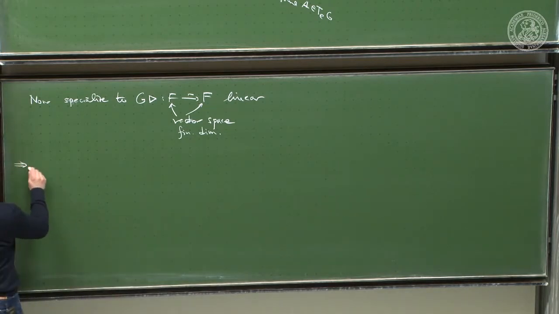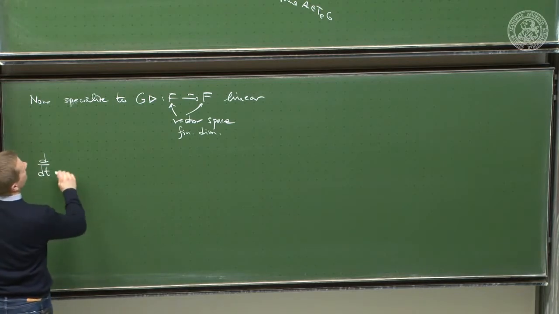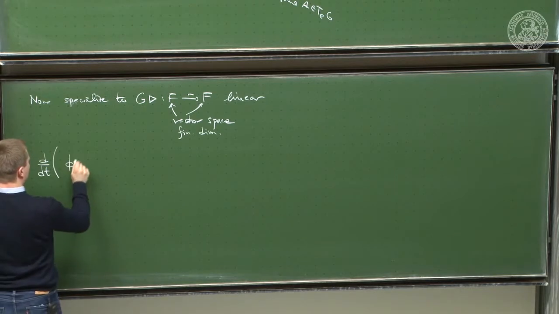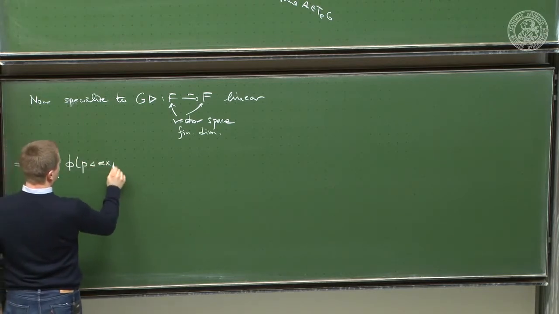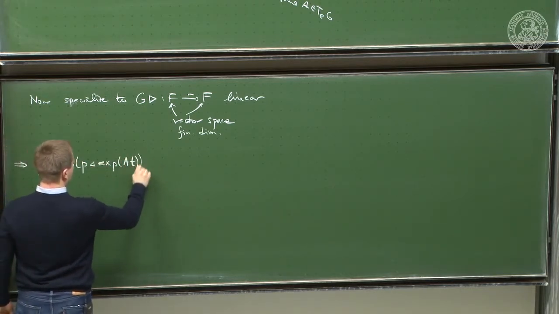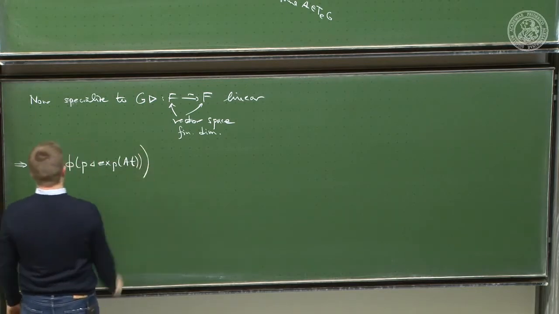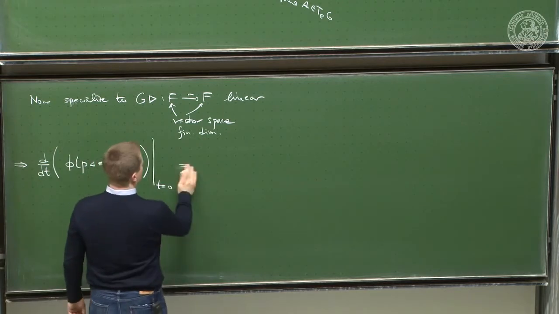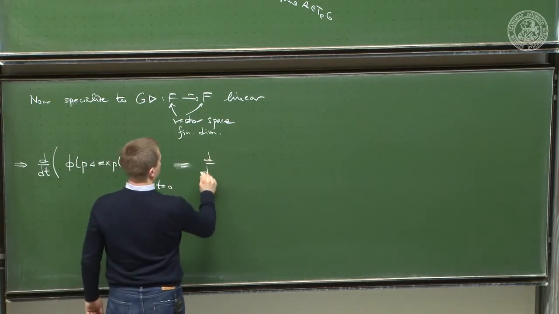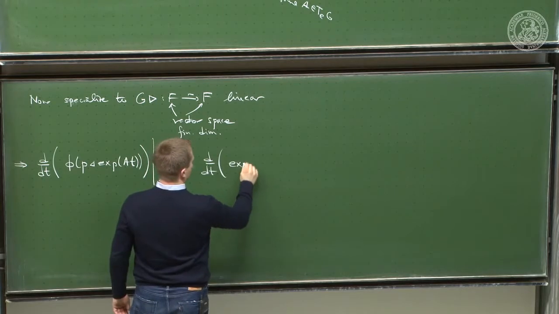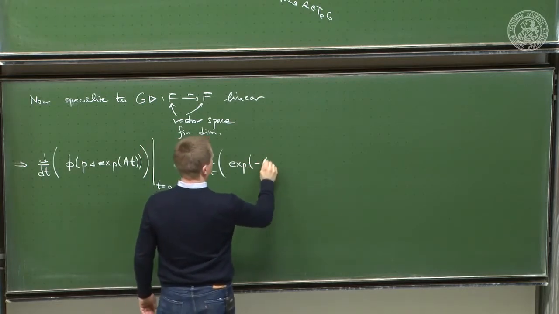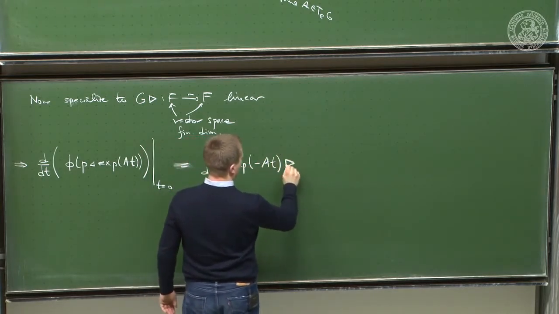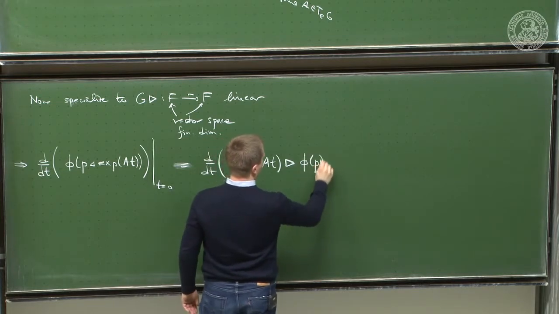It's clear that we take the derivative of phi of P from the right, exp of tA, at t equals 0, and the right-hand side is d by dt of exp of minus tA, acting from the left on phi of P.